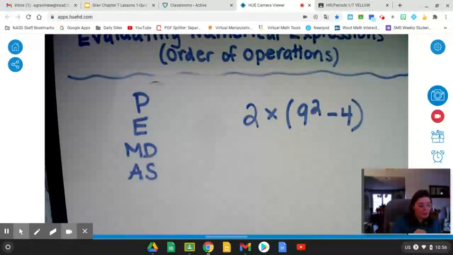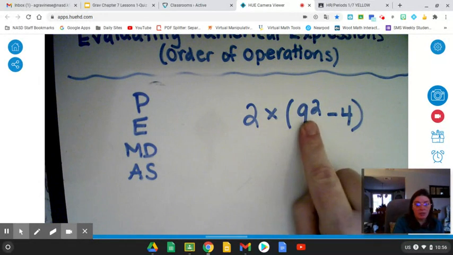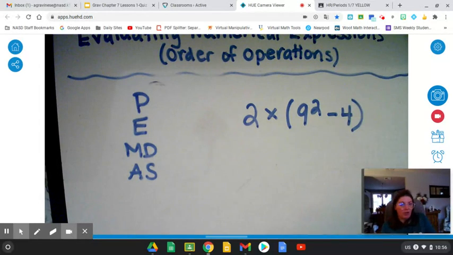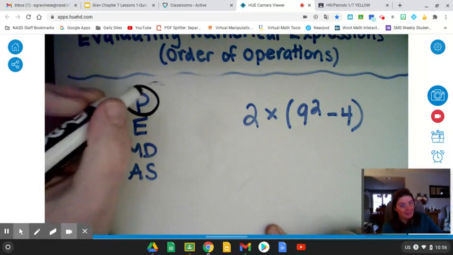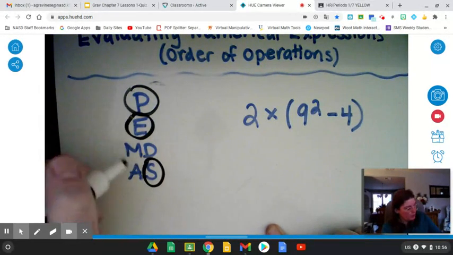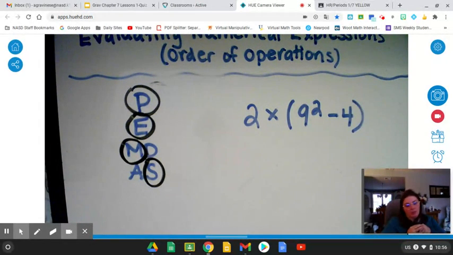Okay, so we have 2 times parentheses 9 to the second power minus 4, close parentheses. We have a lot going on. We do have parentheses. Inside of the parentheses, we have an exponent, we have subtraction, and then outside of the parentheses, we have multiplication. And here's again where things get goofy.